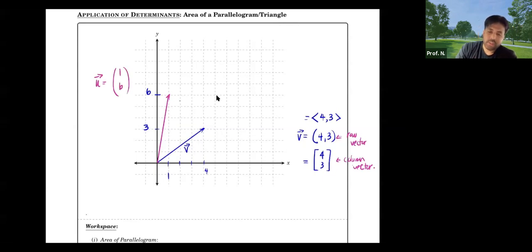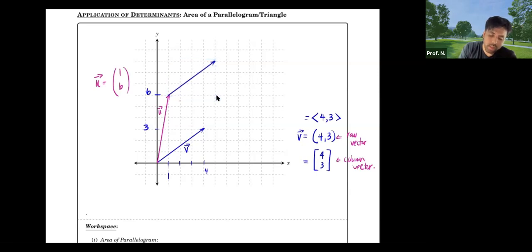Now, what's cool about vectors is that when you add these vectors up, there's something called the parallelogram rule, which means I literally take this guy here, copy it and paste it on top of the tail here. This would be my coordinate here.